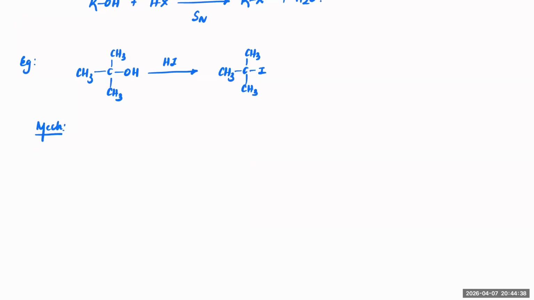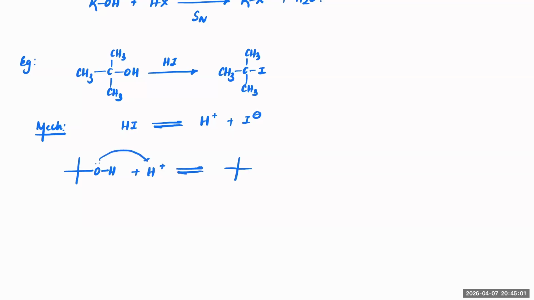HI will be in equilibrium with H plus and I minus, so there is sufficient proton concentration available in the solution. Therefore, the lone pair of this tertiary alcohol will attack the proton.